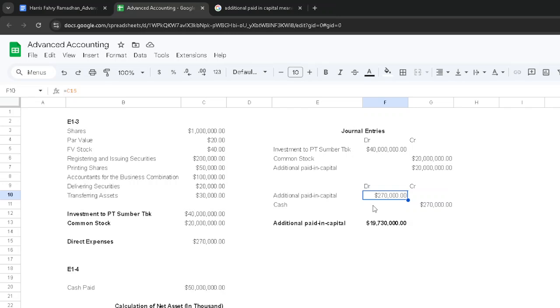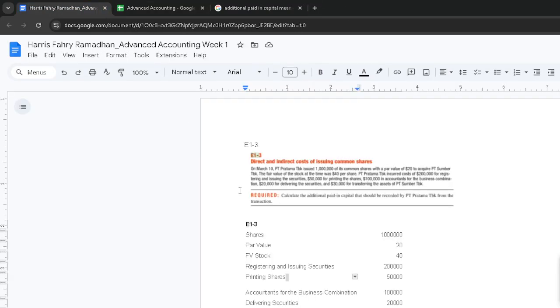That's the way I like to think of it. So I put it like this: debit on additional paid-in capital and credit on cash. This will reduce the additional paid-in capital to 19,730,000 dollars, and this will be the final amount. So that's for number one.